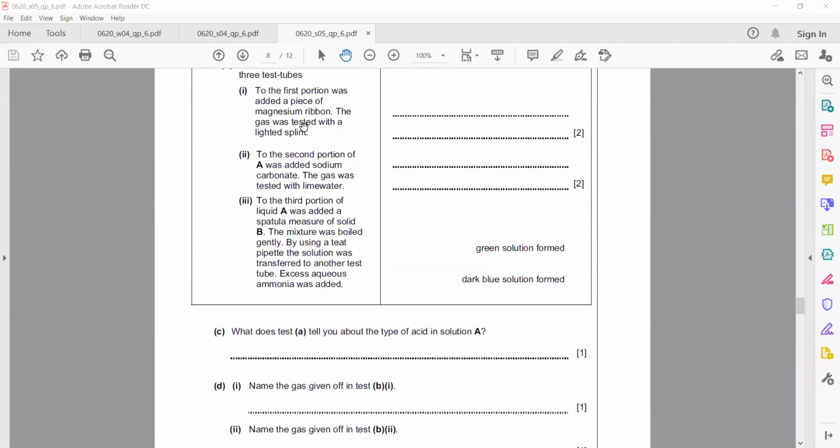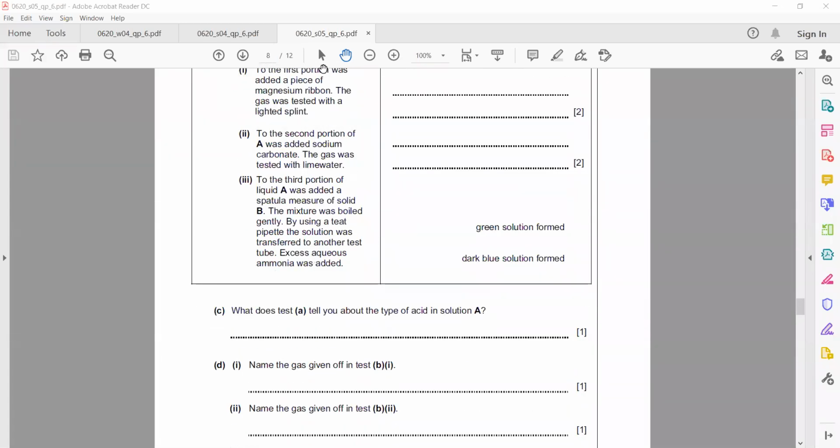Which gas is given off here in B1? When you add acid to magnesium, hydrogen. And which gas is given off in B2? When you add sodium carbonate to acid, carbon dioxide.